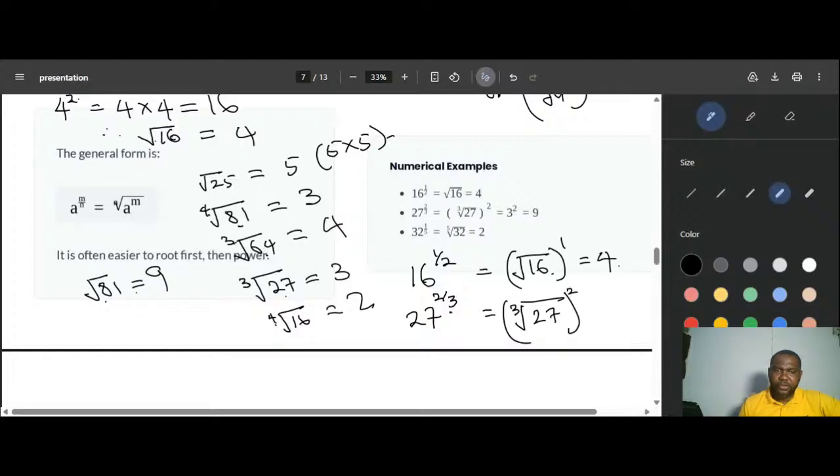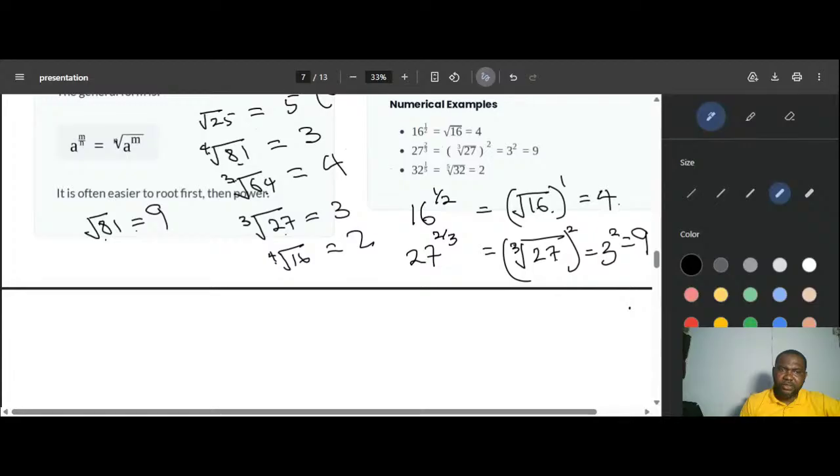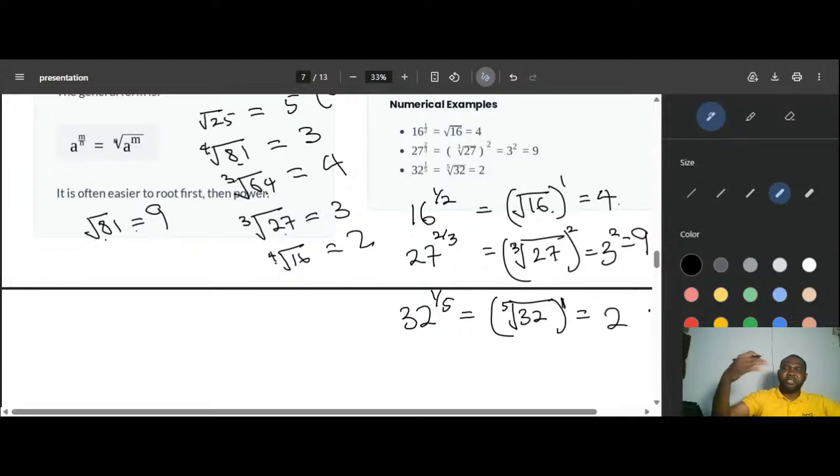Everything raised to power this 2. So cube root of 27 is 3. So 3 raised to power 2 is 9. Can you see that? Then the other one is 32 raised to power 1 over 5. It means the fifth root of 32 raised to power 1. The fifth root of 32 is 2, because 2 will multiply itself 5 times to get 32.